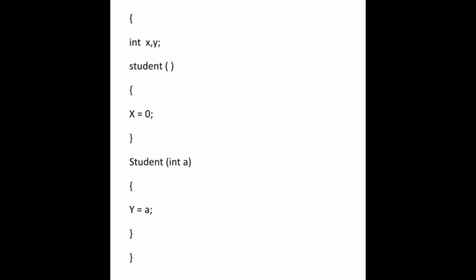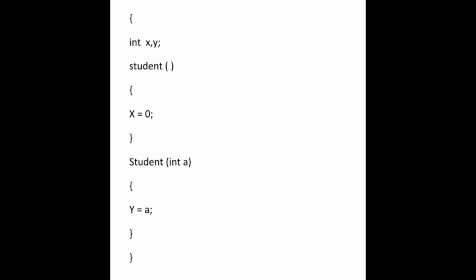Just below that, int x and y, we can see Student written, and inside the brackets nothing is given. If you relate Student with the class name, which is also Student, we can easily tell that this is a constructor, because a constructor has the same name as the class.